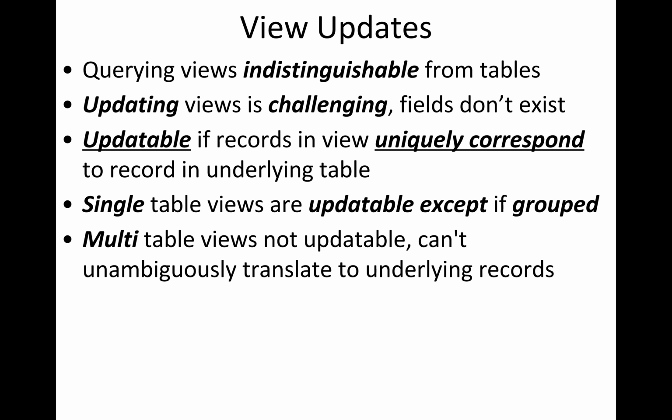You can't just say, I want to update the average to be 90. What does that mean? Perhaps you took 10 quizzes. Do I need to update all 10 quizzes to bring up the average to a 90? Makes no sense. So we can't go back and update the original records if they have been grouped. If it hasn't been grouped, then yes, we can.